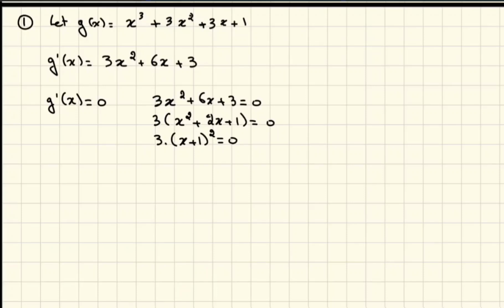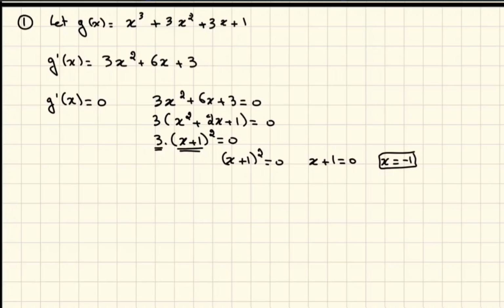Now if you have two factors multiplied equal to 0, it means either the first is 0, however 3 here is not 0, or the second is 0. So in this case, x plus 1 squared equals 0. It will lead to x plus 1 equal to 0, then x will be negative 1. So we have only one stationary value.